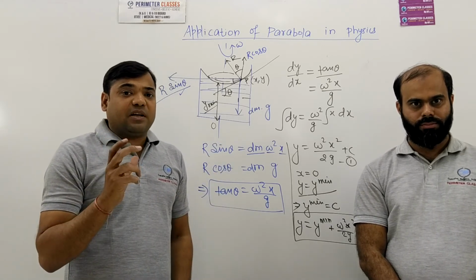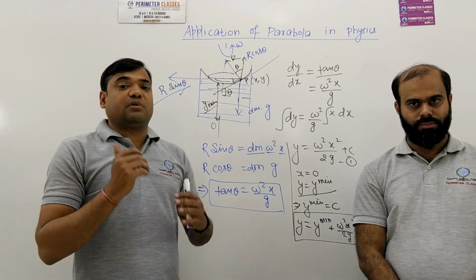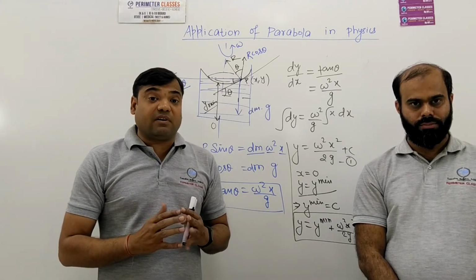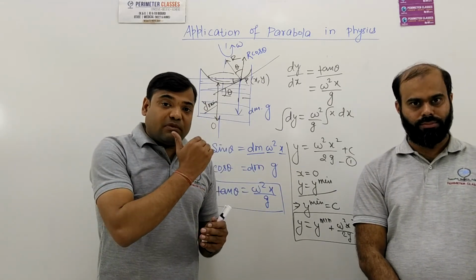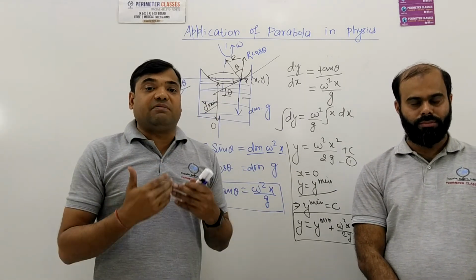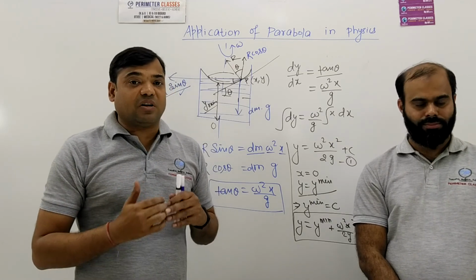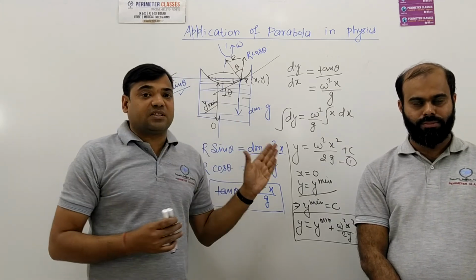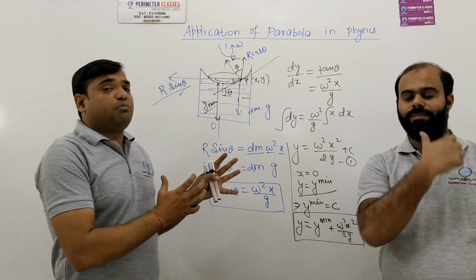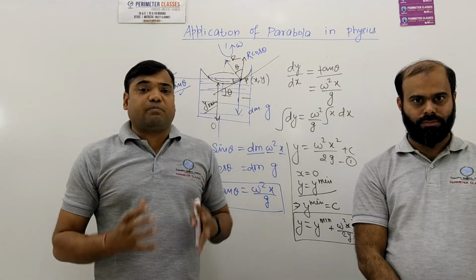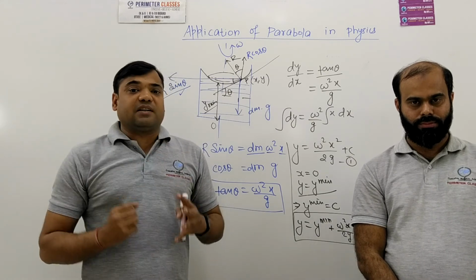Once you understand mathematics, even difficult concepts of physics will look simpler to you. Otherwise, generally these concepts are avoided just because the mathematical portion makes them slightly difficult for the students to understand. So now, just go through the concept that we have learned here, and you will appreciate both the properties of parabola and its application in physics.